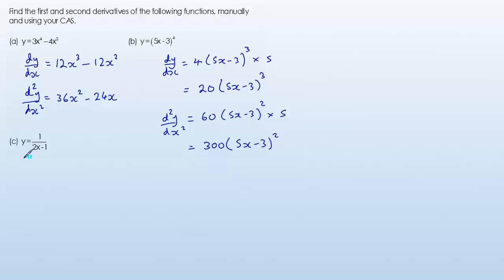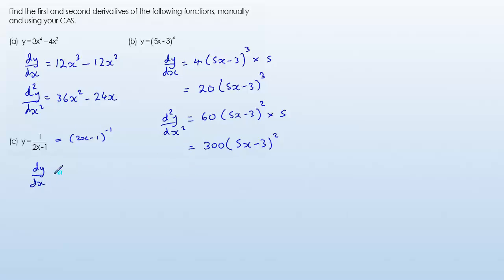Now if we look at this third one, we could use a quotient, but I'd advise not when the top is just a constant, and definitely not when the bottom is just a constant. So I'd rewrite this one as (2x minus 1) to the negative 1, and once again we've got to use the chain rule.